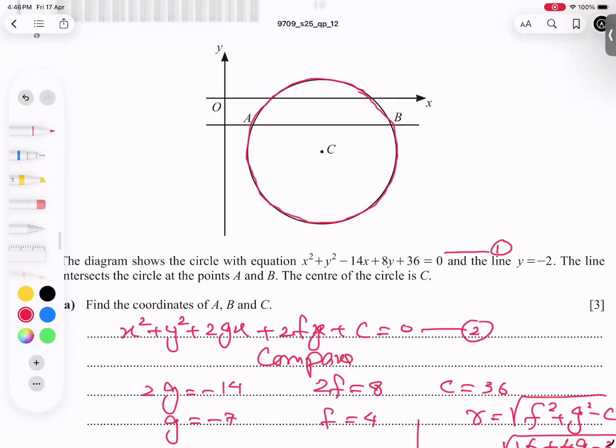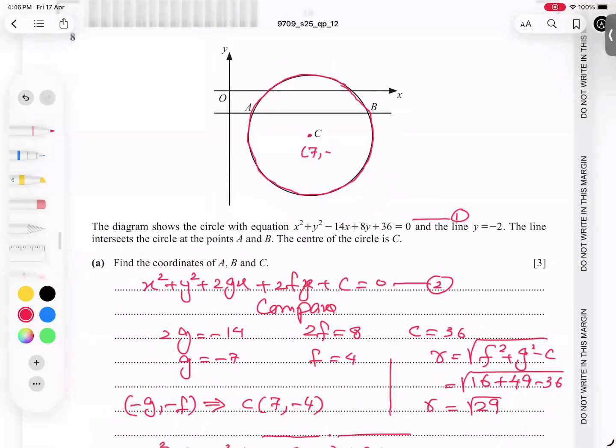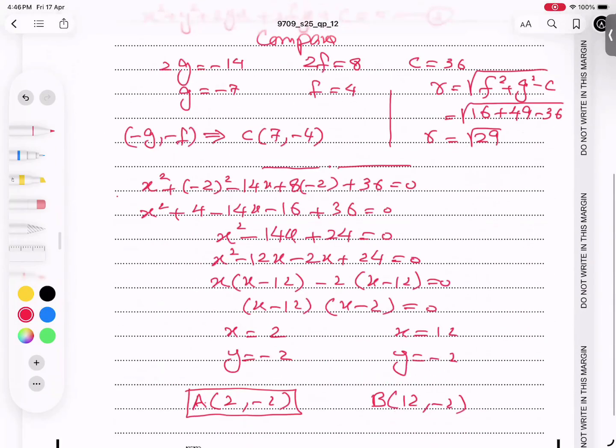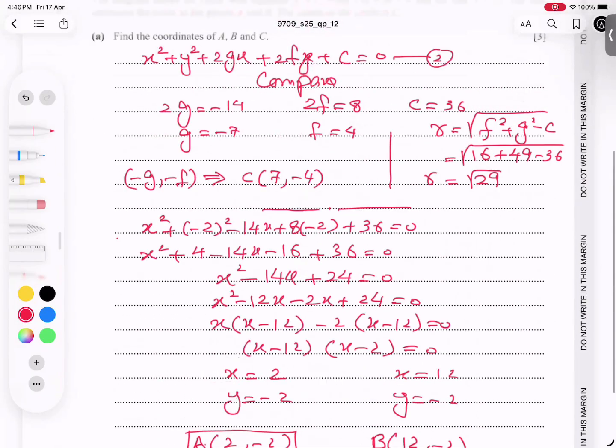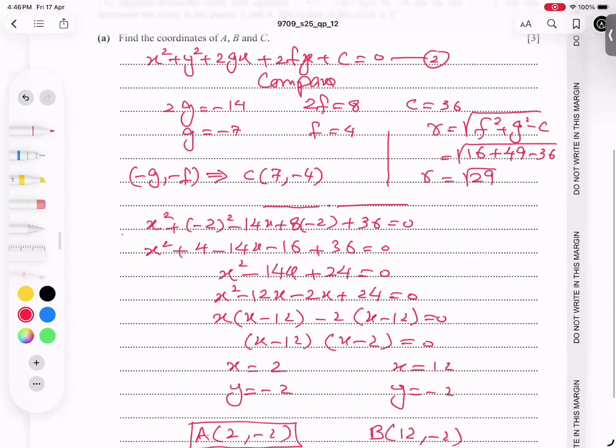Okay. And this is the C coordinate, which is (7, -4). And the A coordinate is (2, -2), and the B coordinate is (12, -2).